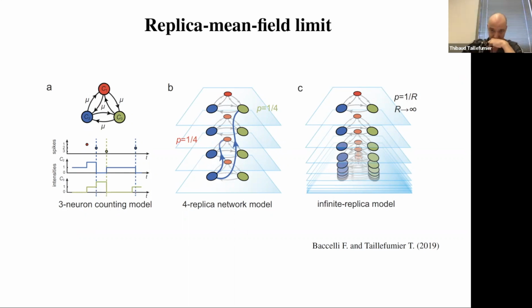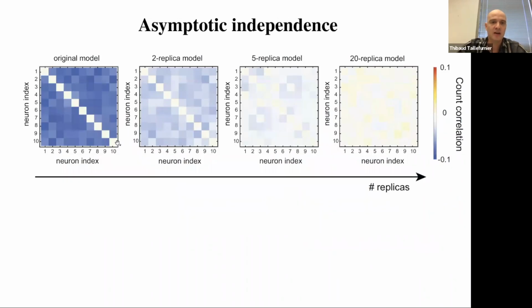Okay. So if you want to check this point, what you could do is look at a model like in A, simulate it in different replica models with different numbers of replica, and check the cross correlation between each neuron. That's what I've done here. I took a network made of 10 neurons, and I simulated my finite size replica model for different replicas.